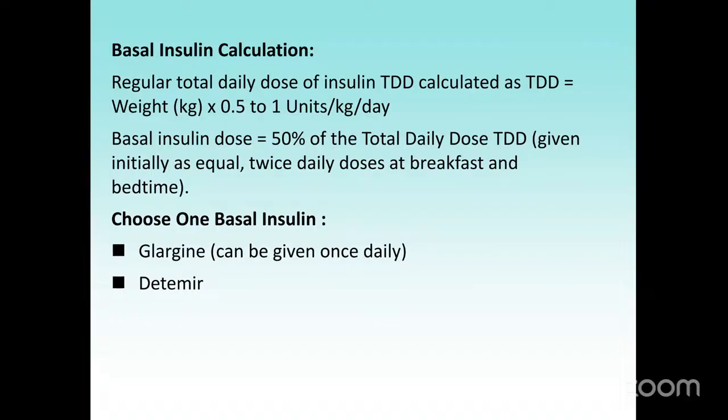We divide this total dose of insulin into about 50% for basal insulin dose and 50% for bolus insulin dose. The basal insulin dose equals 50% of the total daily dose, and it's given initially as equal doses twice daily, at breakfast and bedtime. For basal insulin, we have to use long-acting insulin like glargine or detemir.